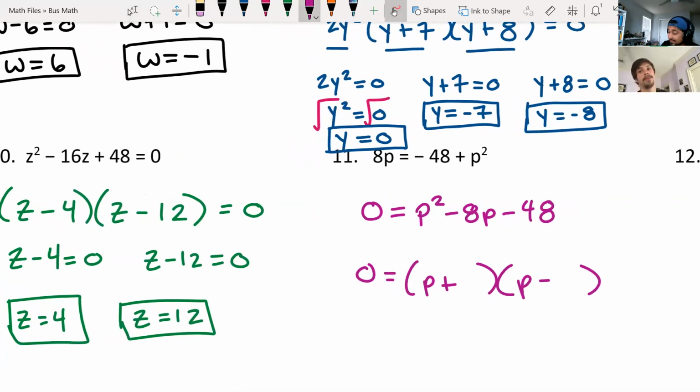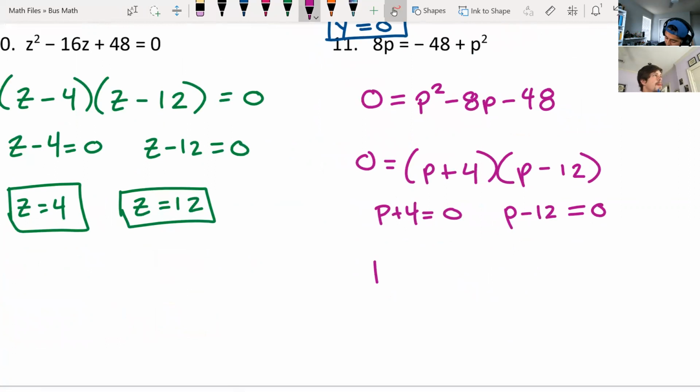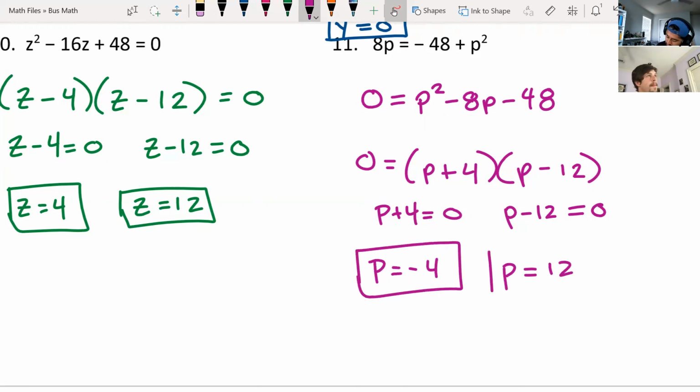And since the 8 is negative, this means the bigger number 12 will be negative and the smaller number 4 will be positive. Okay. Now just set these equal to 0 and solve for p. There we go.